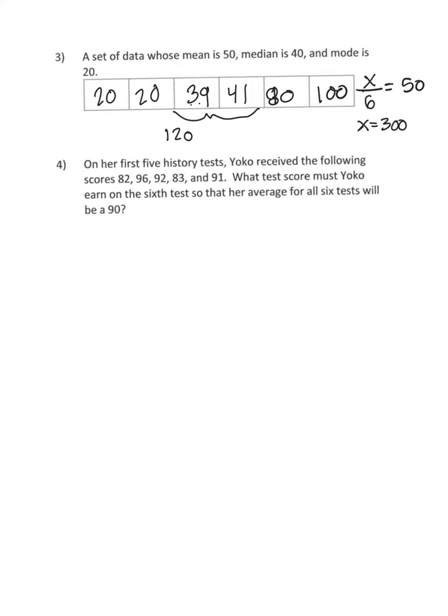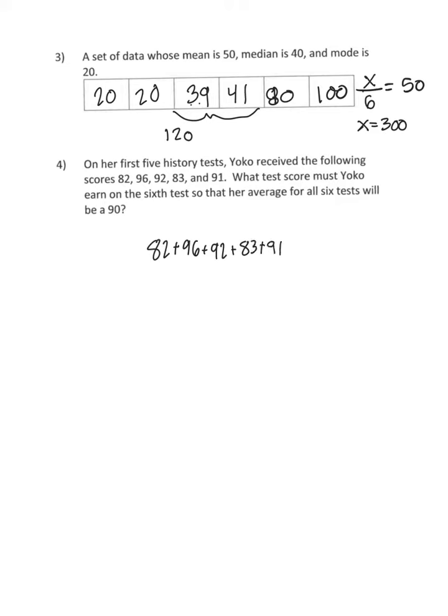Okay, last question. On her first 5 history tests, Yoko received the following scores. What test score must Yoko earn on the 6th test so her average will be a 90? So if we set this up in order to find the average, we would want to add up all of her scores, so that would be 82 plus 96 plus 92 plus 83 plus 91.